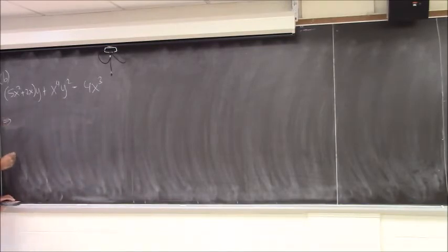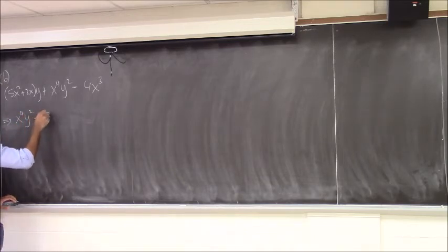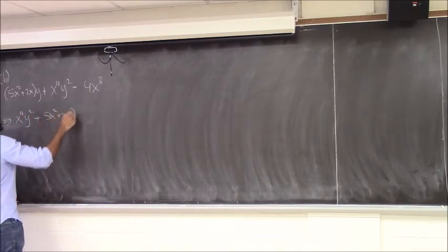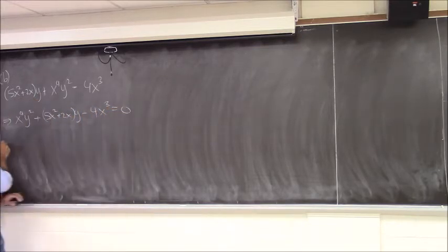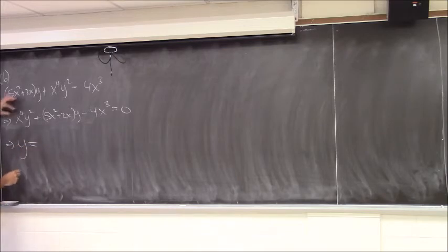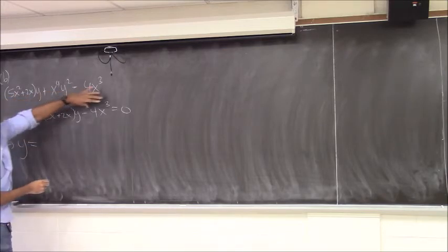This would mean that x to the 4th y squared plus 5x squared plus 2x times y minus 4x cubed equals 0. Then I can apply the quadratic formula where this is my a, that's my b, that's my c.